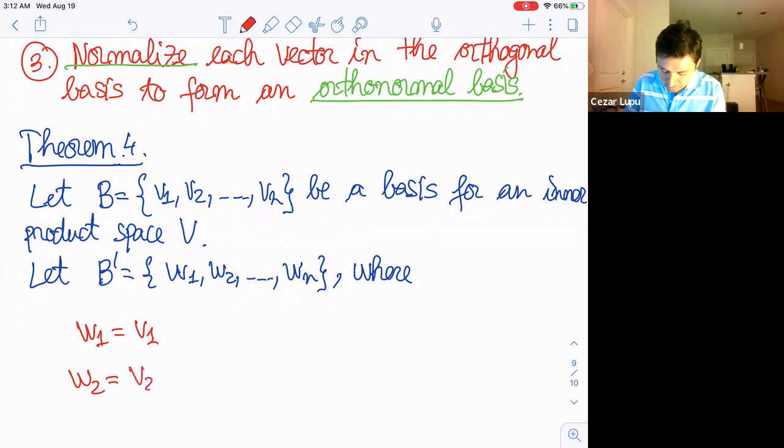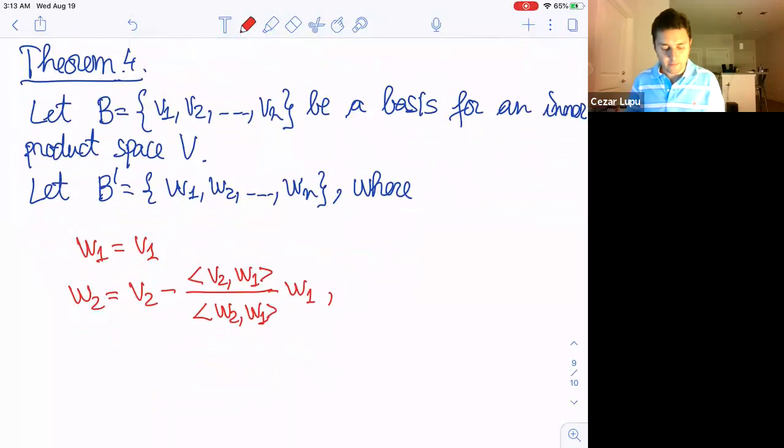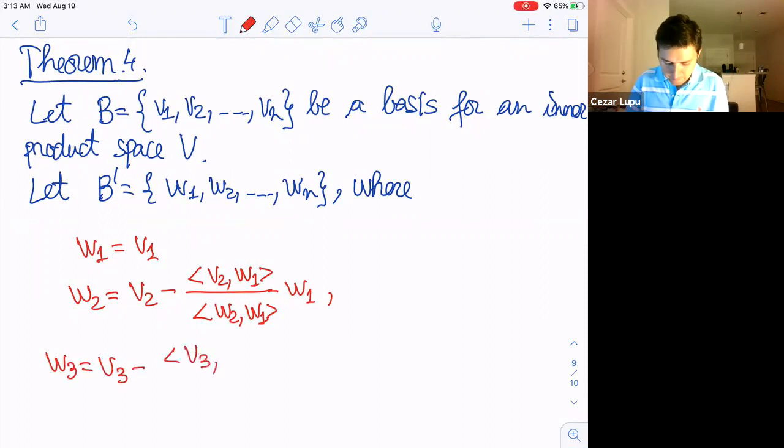W2 will be V2 minus the inner product of V2 and W1 over the inner product of W1 and W1, times W1. Now we're going to do the same thing for W3. This will be V3 minus the inner product of V3 and W1 over... here I made a mistake, I think. This is W1 here.